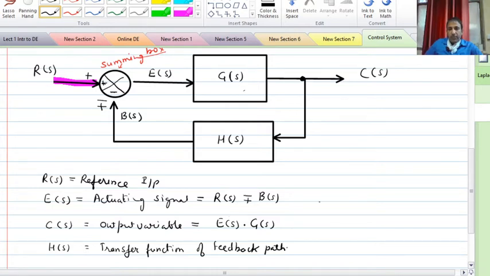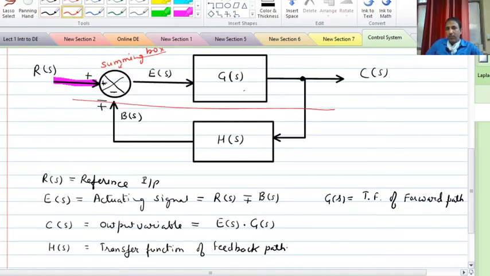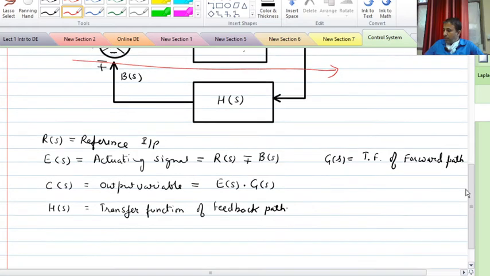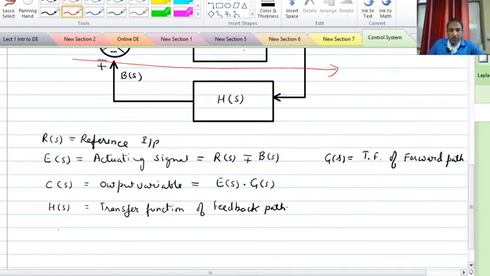Okay, G(s) here becomes the transfer function of the forward path, because the path that goes from input to output, that is from this side to this side, is your forward path, and this is the feedback path. And B(s) is your feedback signal. This B(s) can be found in terms of H(s), because H(s) is output divided by input.